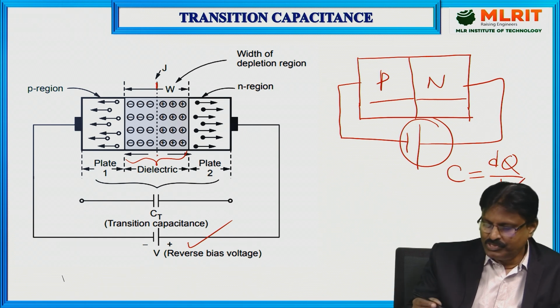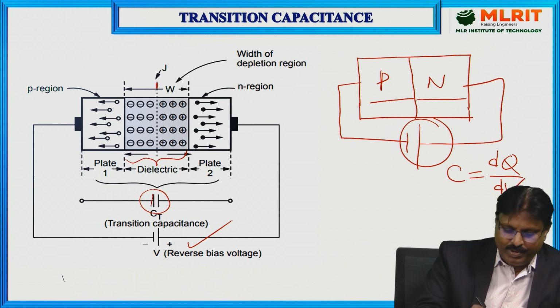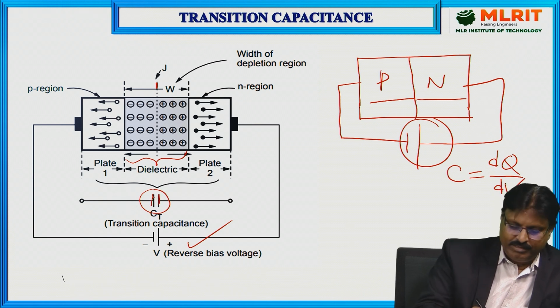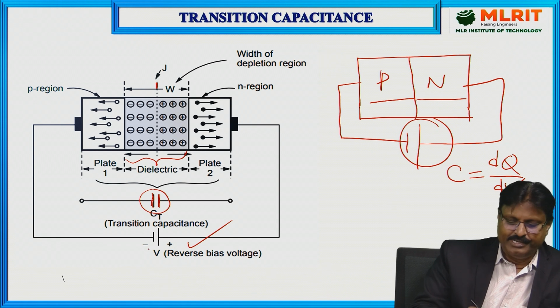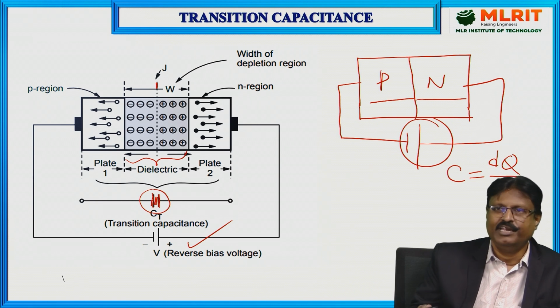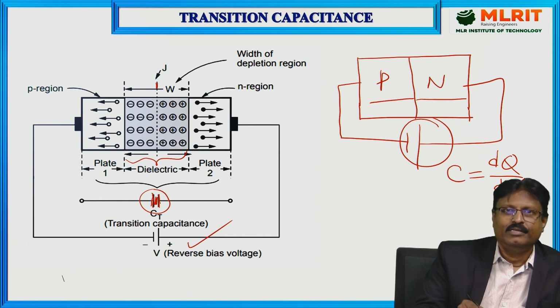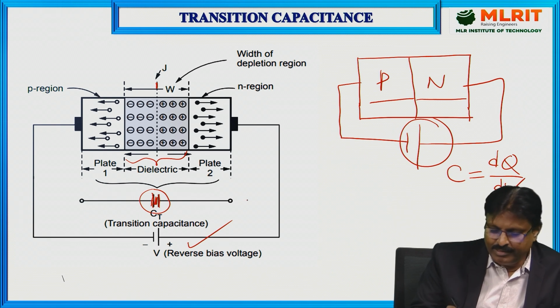Suppose you take a parallel plate capacitor like this. As you can see, there are two plates, this is one plate and this is the other plate, and in between there will be a dielectric material, which is nothing but an insulator.